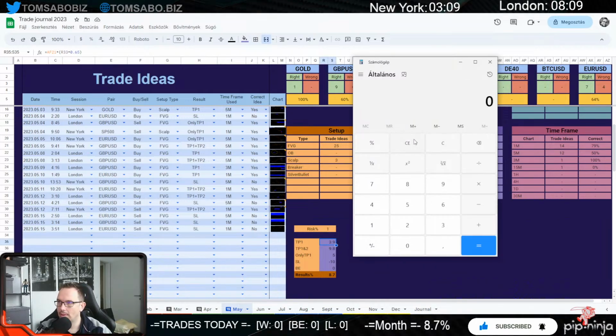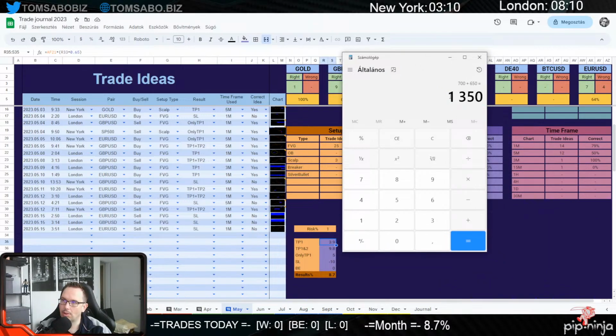So we have $350 left on the trade, which should go to the second take profit, which is at RR2. So then just multiply it by 2, and if you add it to the 650, the overall take profit for me on $1,000 risk is 1,350 minus commission.